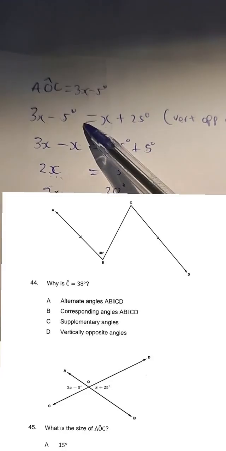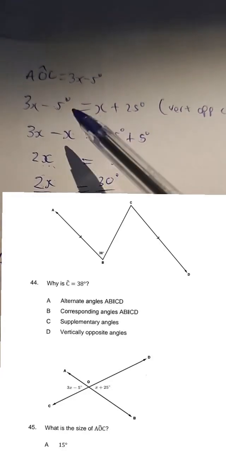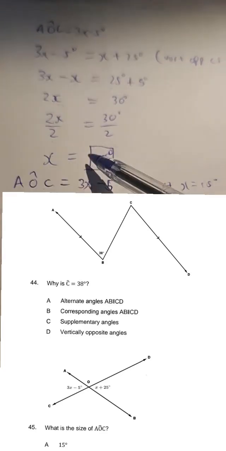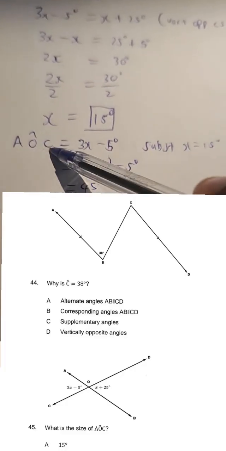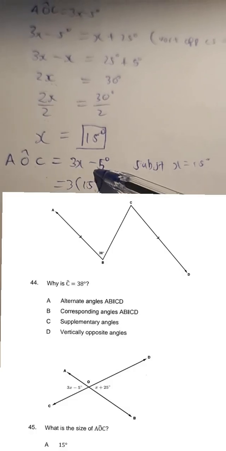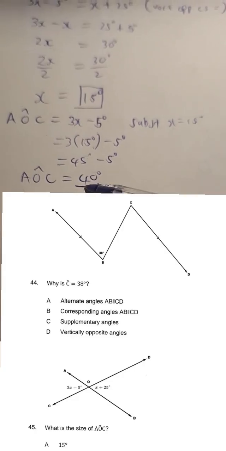Very important, guys, in geometry, when you write your statement, you support it with a beautiful reason, and then you solve for the variable accordingly. When you get the value of x, because they wanted the angle AOC, we then substitute x is 15 degrees in the place of x, and then we solve for the angle. We get that angle AOC is 40 degrees.